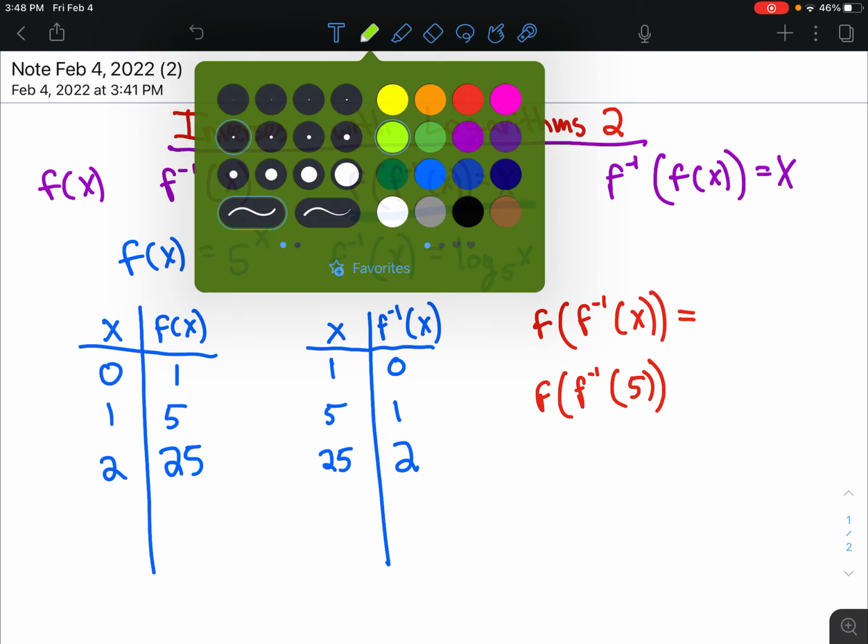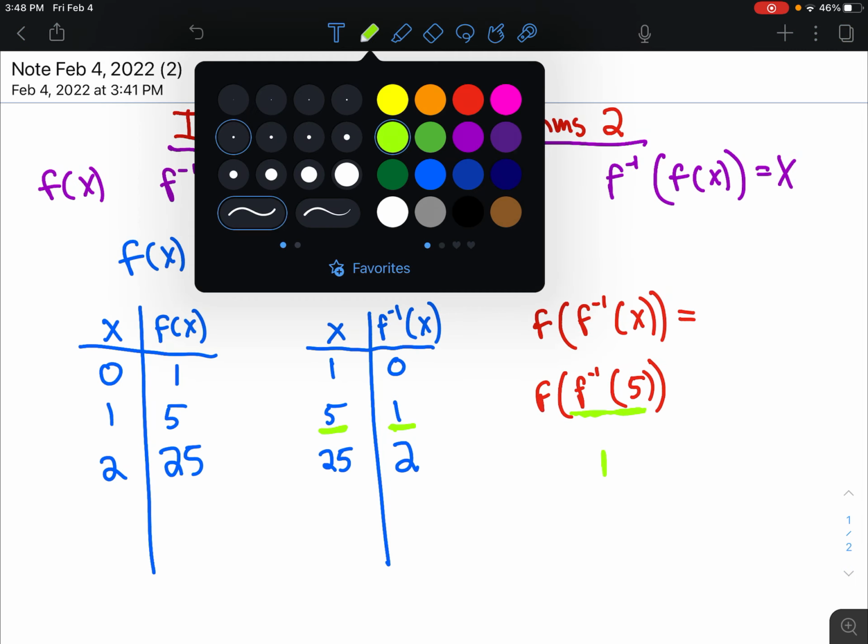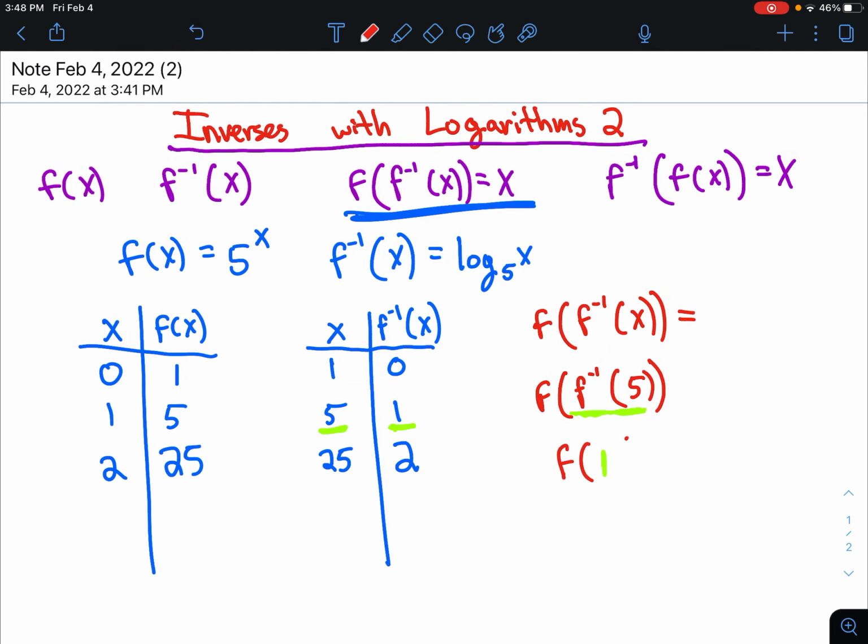So we start with our inner function, f inverse of 5, and we input 5 into that function, and we get an output of 1. So f inverse of 5 is equal to 1. So now we must take f of 1. We can look to our table, and we see f of 1 is equal to 5.